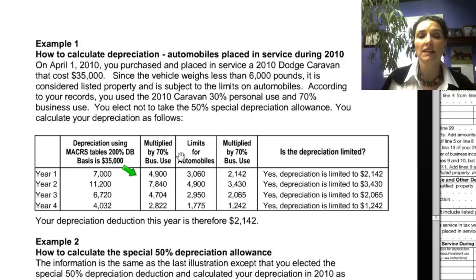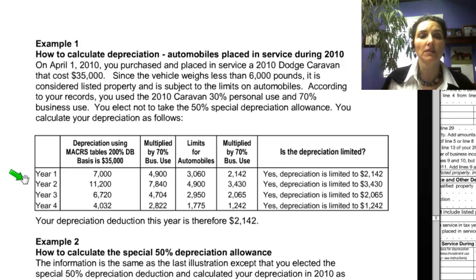And for 2010, that first year limit is $3,060. But wait, you must apply the limit, or multiply the limit, by the 70% business use. So that limit comes down to $2,142. So is the depreciation limited? You bet it is, really limited. You are allowed to claim only $2,142 in the first year.